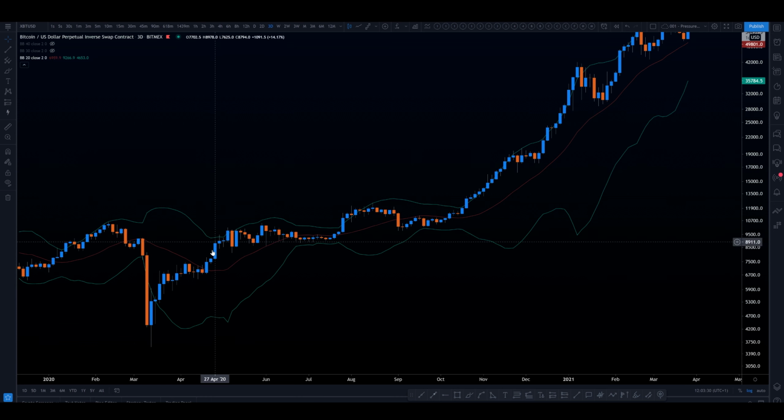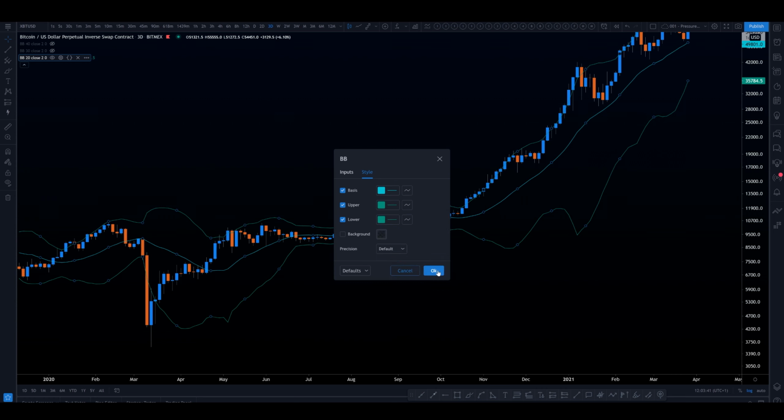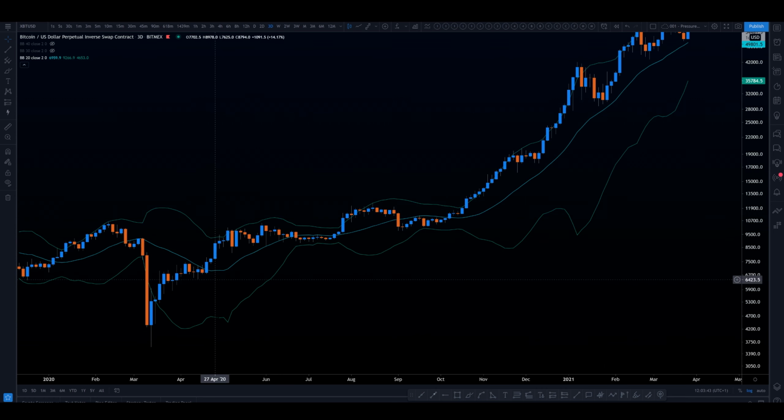The outer lines are the Bollinger Bands, and this center line is a moving average. I'm going to make this teal. As you can see, we have a wider distance between the Bollinger Bands here, for example, and they are very tight over here.